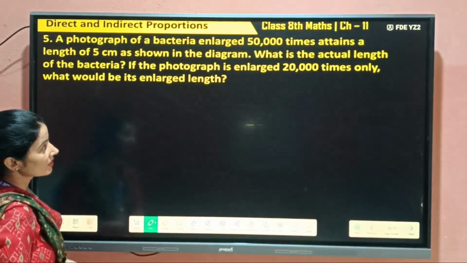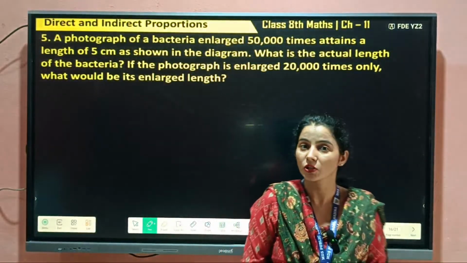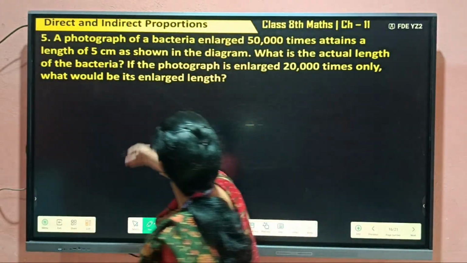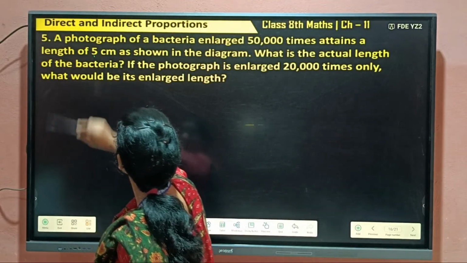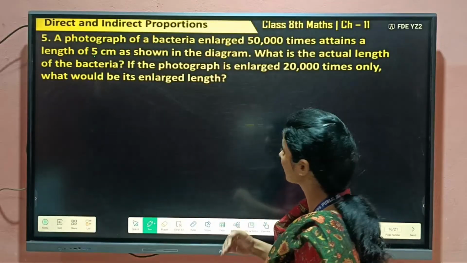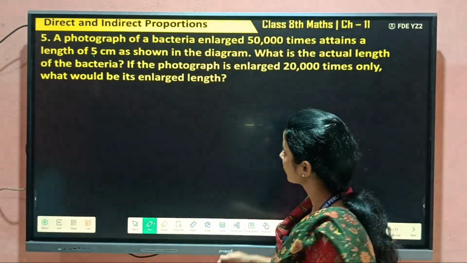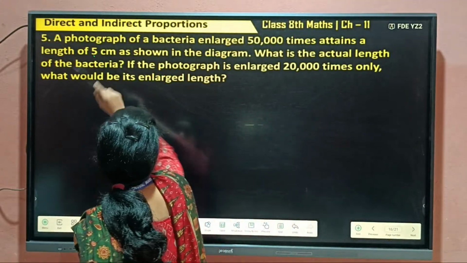First of all, we will identify whether this is case of direct proportion or inverse proportion. If this is 50,000 times enlarged, then length is 5 centimeter. If this photograph of bacteria will be more enlarged, then its length will be more.